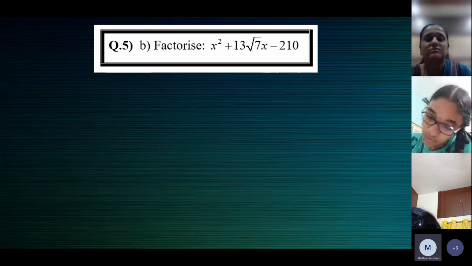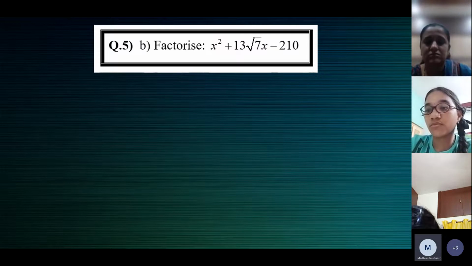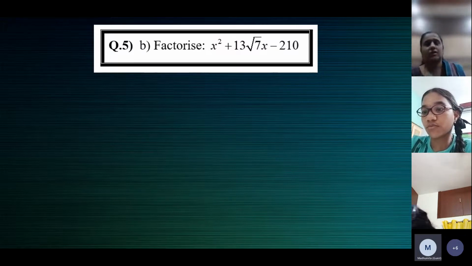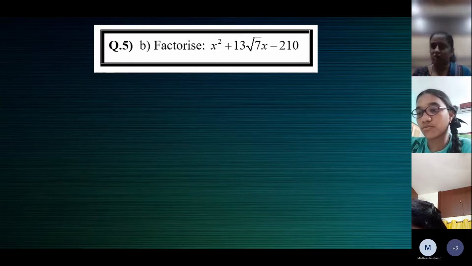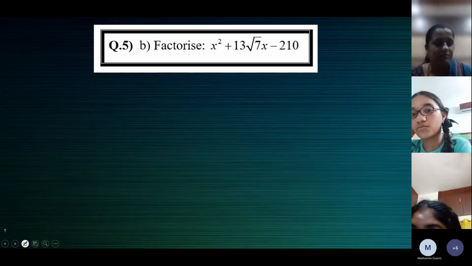Ma'am, when I split the middle term, 210 is the sum of 6 root 7 and 5 root 7, but the product is 11 root 7, ma'am. Okay, maybe I hope the question is not incorrect. Let me try.